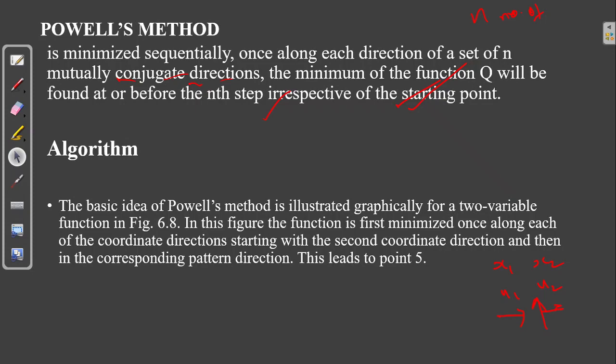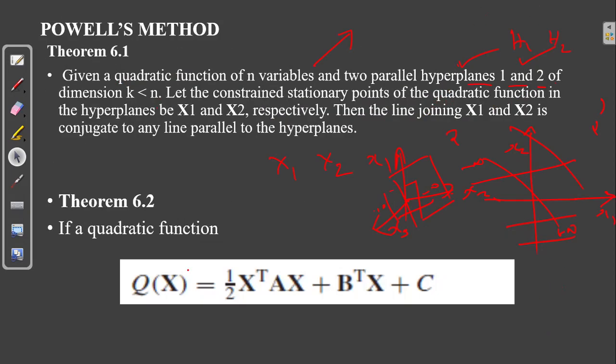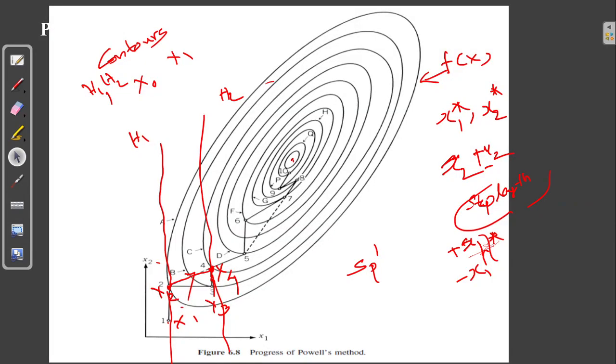As a result of this pattern direction, by theorem 2, it says that if we go in this conjugate direction from the point x4, then you will get the optimized value for f of x. That is what the second theorem says.